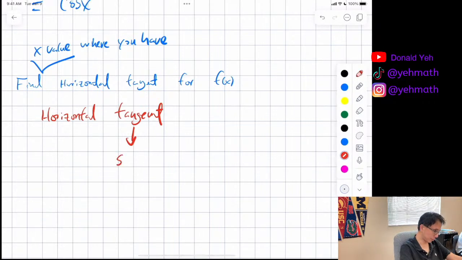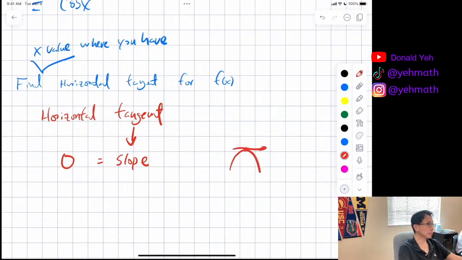What does horizontal mean? What's a horizontal slope? Y is equal to 0. Yep, you're right. So it looks like slope is equal to 0 at this particular point.